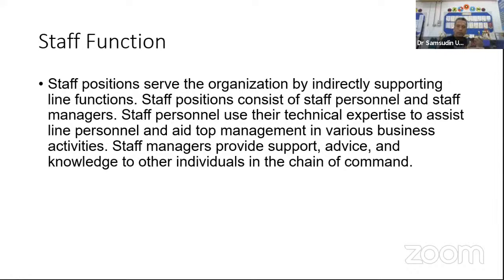The person who processes this claim is, of course, the staff, the supportive function of our university.